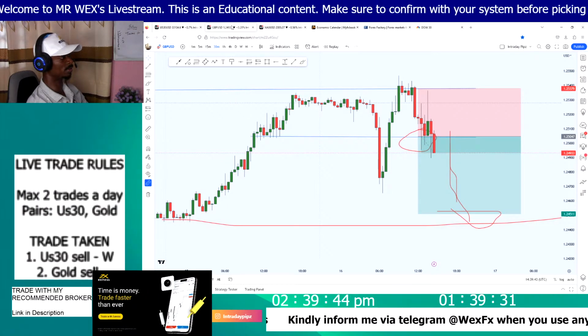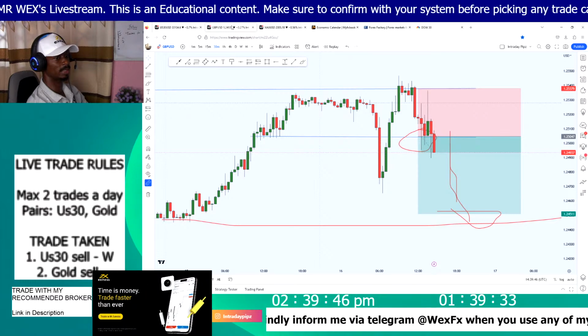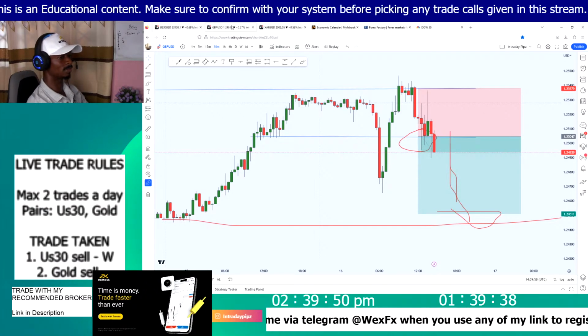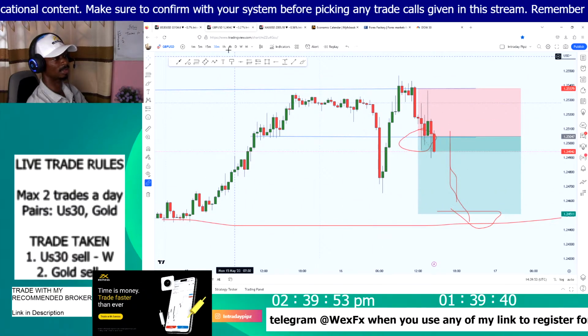Ooh, GU is still doing the needful. It has done 10 pips so far. It's GU, man. It has done 10 pips so far.